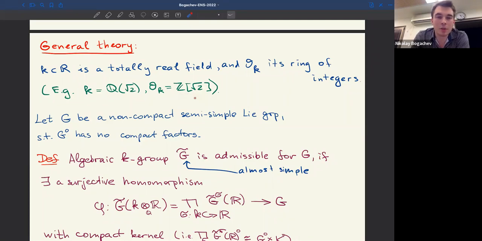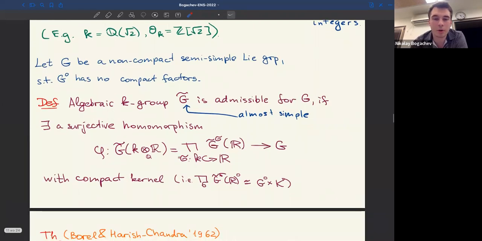Let G be a non-compact semisimple Lie group such that its connected component has no compact factors. By definition, an algebraic K-group G tilde is called admissible for G if there exists a surjective homomorphism from this product to our group G with compact kernel.